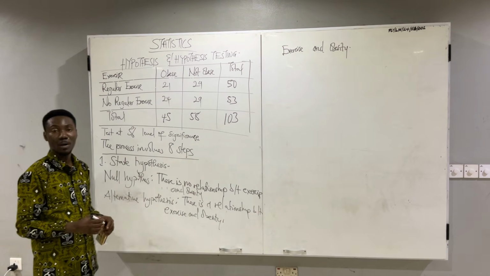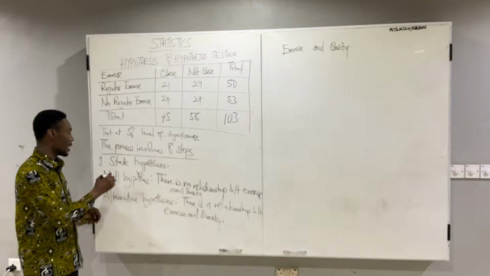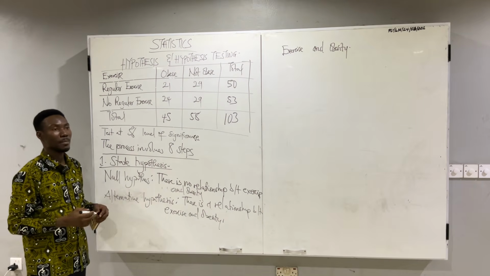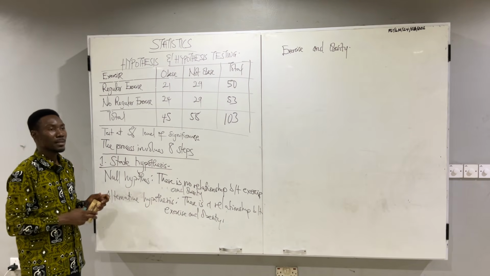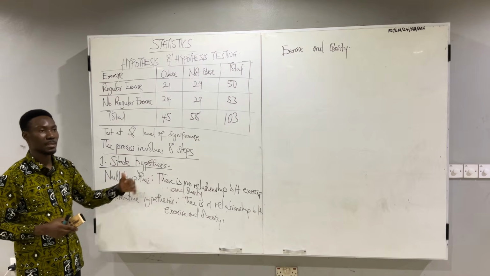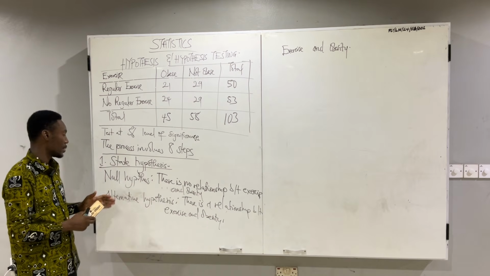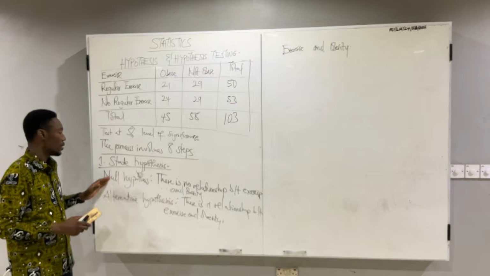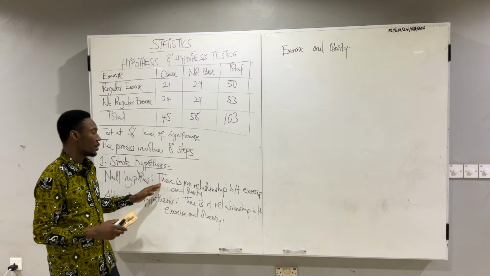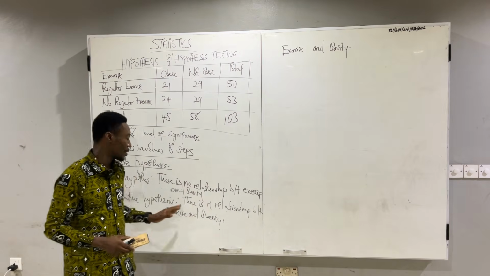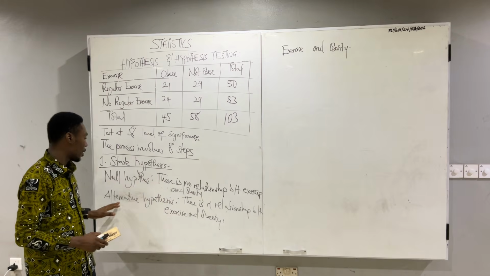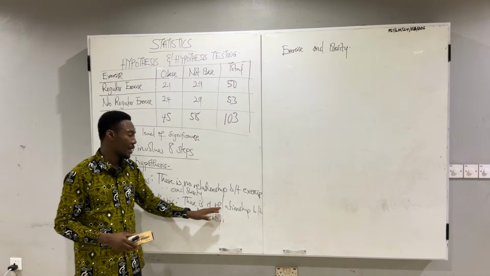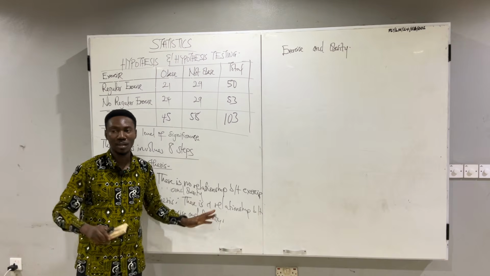Now, this is what we call the first step, step one. So in step one, you state your hypothesis. We learned that we have two hypotheses, the null hypothesis and the alternative hypothesis. What is the null hypothesis? There is no relationship between exercise and obesity. What's the alternative hypothesis? There is a relationship between exercise and obesity.